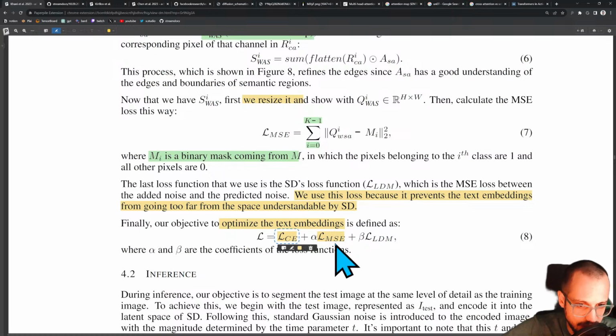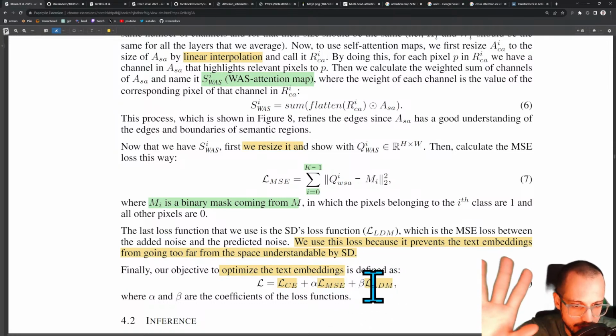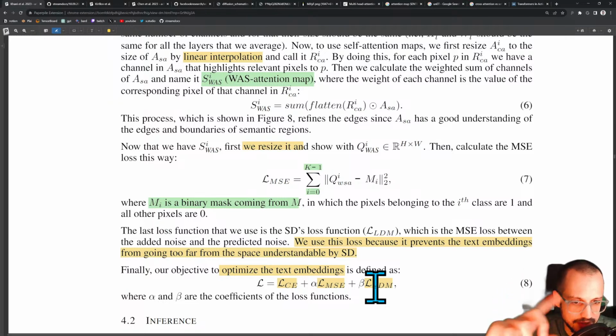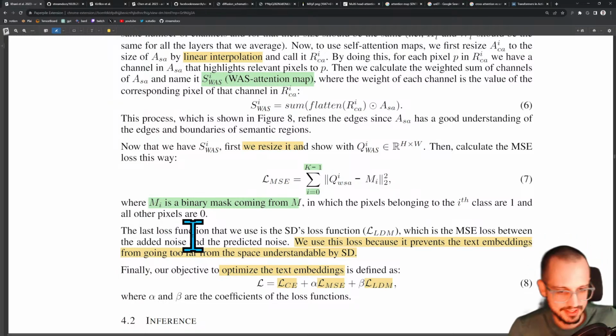You have the MSE loss, which is largely the self-attention maps, right? Weighted by the cross-attention a little bit. And then you have this LDM loss here, which is just your standard noise reconstruction, if you want to think of it that way. I know some people might cringe at me calling the MSE loss between added noise and predicted noise a reconstruction loss, but that's kind of what it is, right?